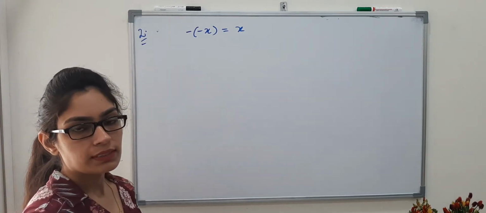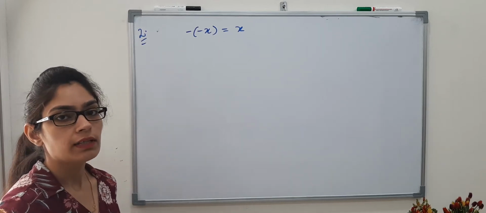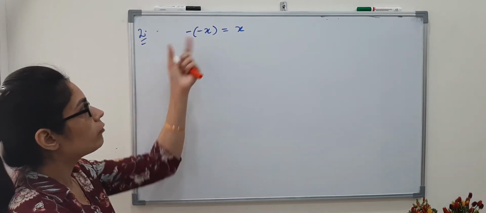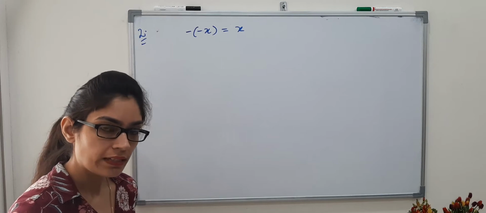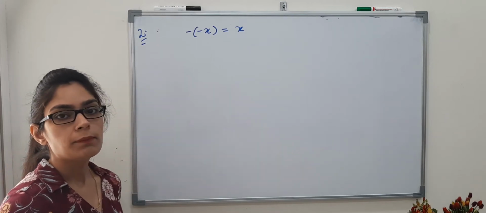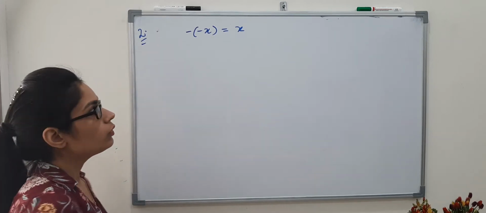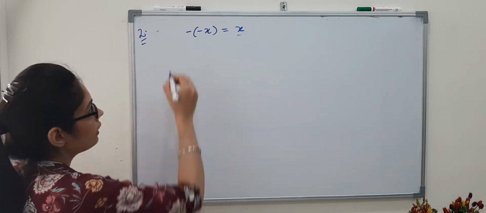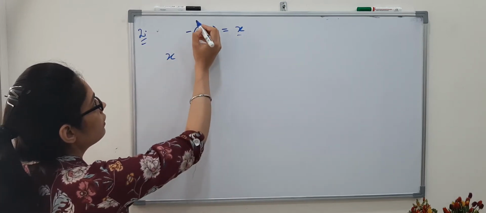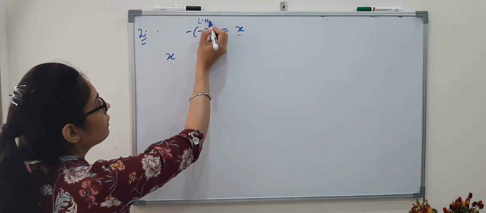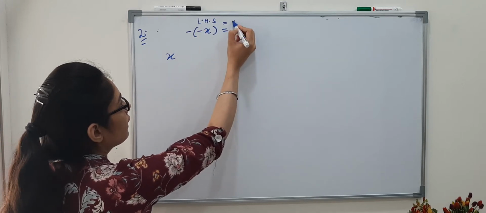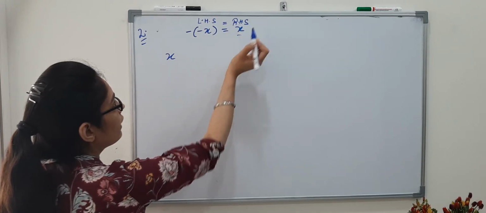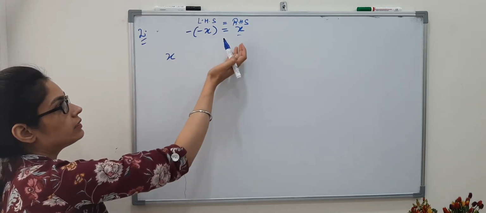If you have an even number of minus signs, I will tell you, see, here I have two minus signs. Whenever you have an even number of minus signs, all the minus signs will get cancelled. So your answer will be positive in that case. So let's prove this. This is my left hand side. This is my right hand side. So I have to verify this, minus of minus x is equal to x.